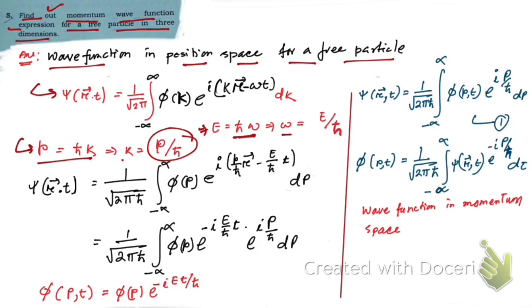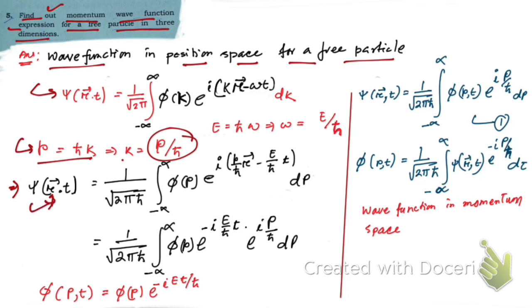So omega will be E by h cut, angular velocity, right? Now this r represents position vector, so this is a function of space and time.